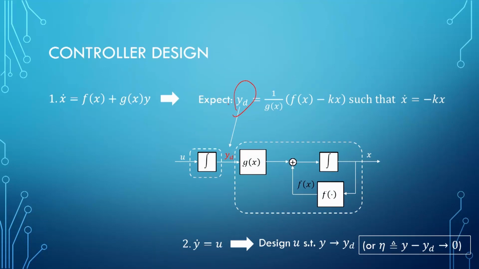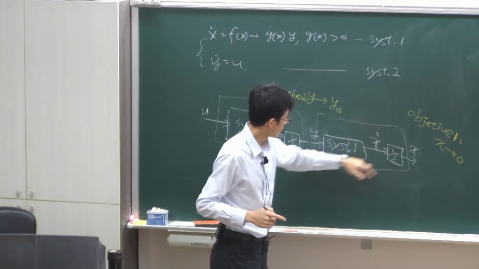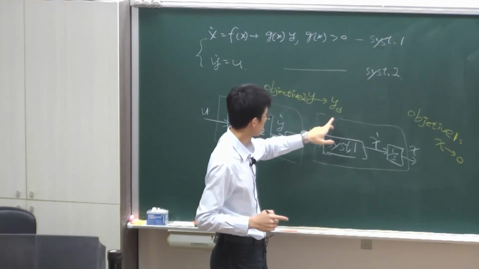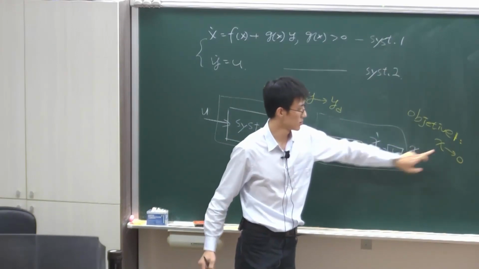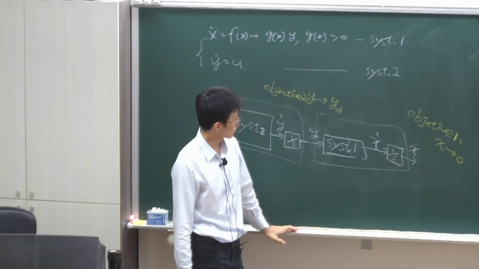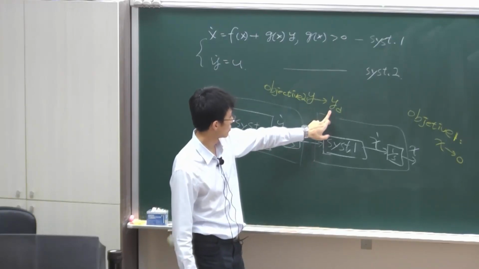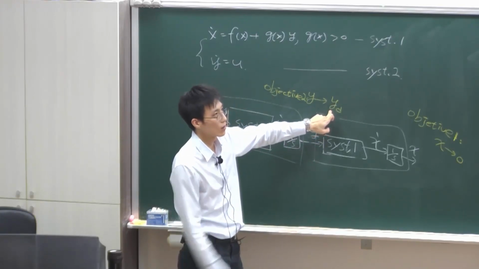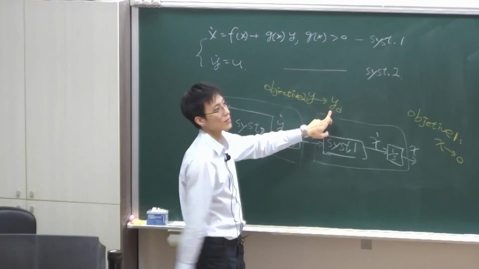YD is the desired signal, which is designed based on the demand of the first system, right? Because the objective of the first system is x converge to 0, and that requires a virtual control signal to be YD. So they are totally designed from the first system.